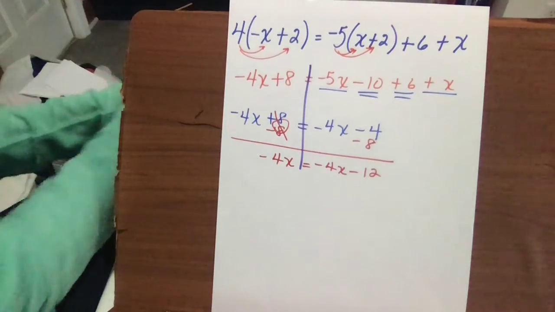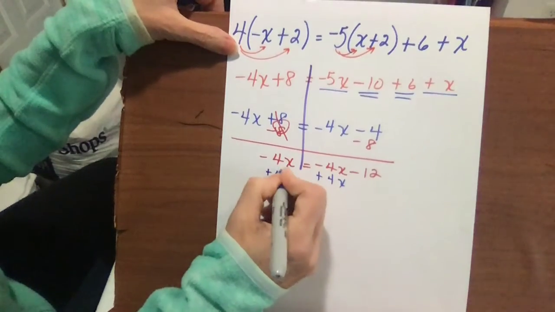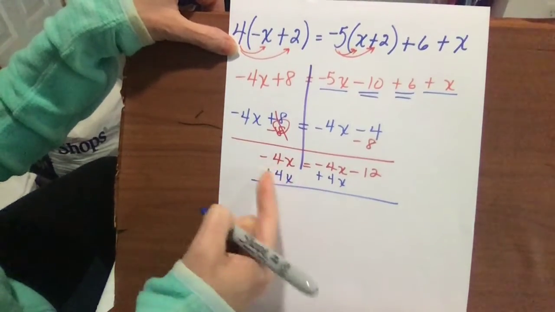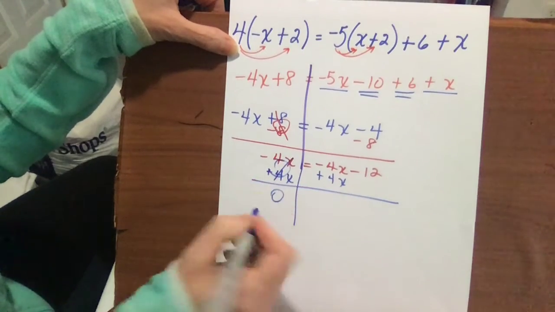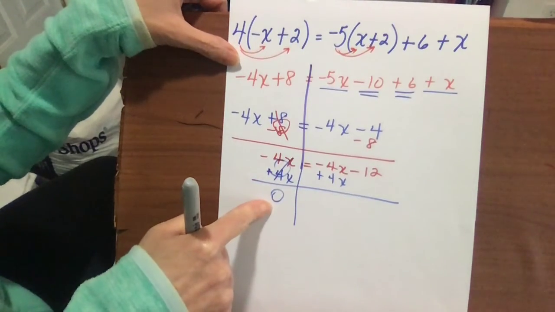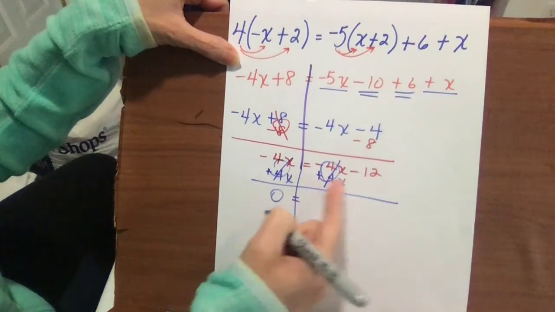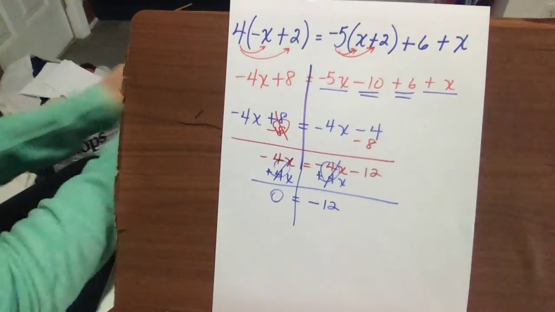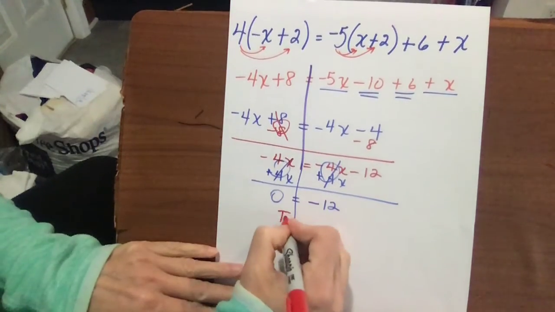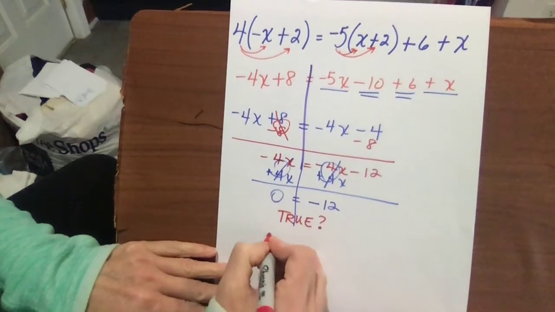We continue to go through our motions and we add 4x and add 4x. Negative 4x plus 4x is 0, but that's on this side of the equal sign, so we have to put that 0 down. Equals negative 4x plus 4x is 0. 0 minus 12 is negative 12. And the question is, is that true? That's the question, and the answer is no.